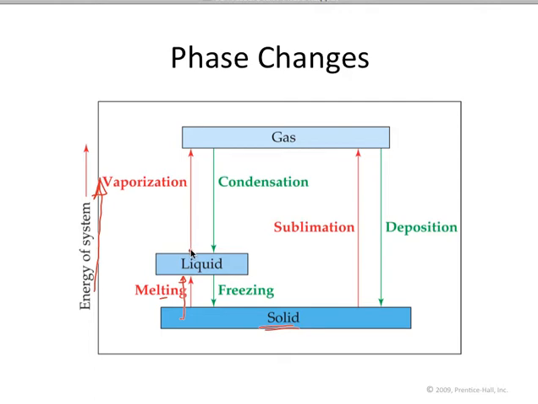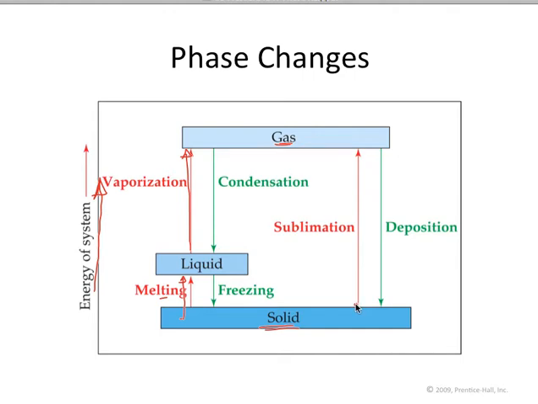If I add more energy, okay, the movement of the particles is enough that they start to overcome the intermolecular forces, and through the process of vaporization or boiling, it becomes a gas. That's the highest energy state.